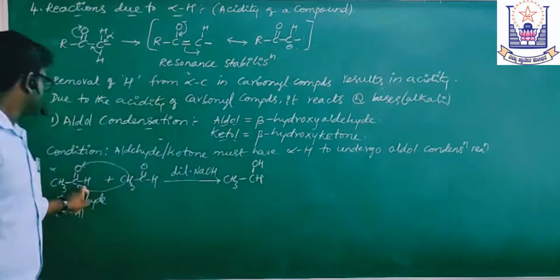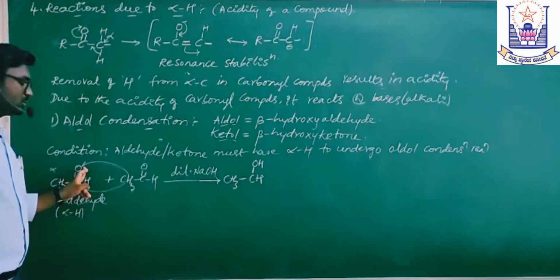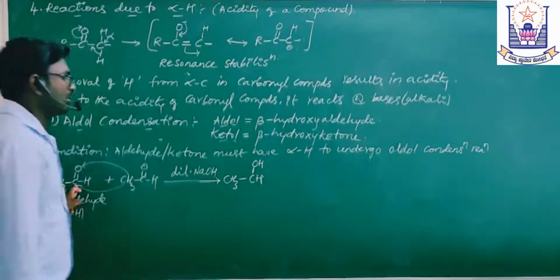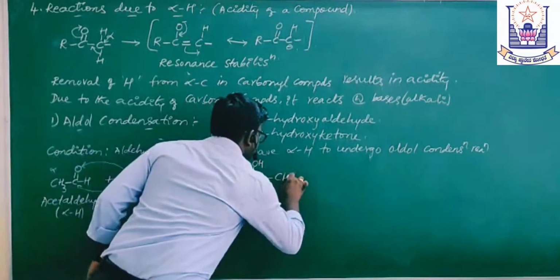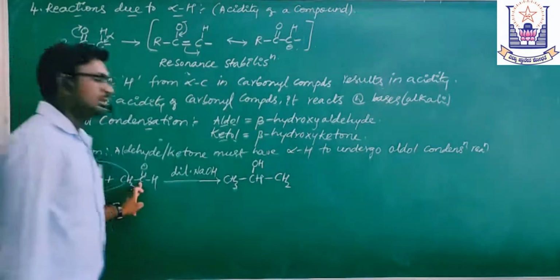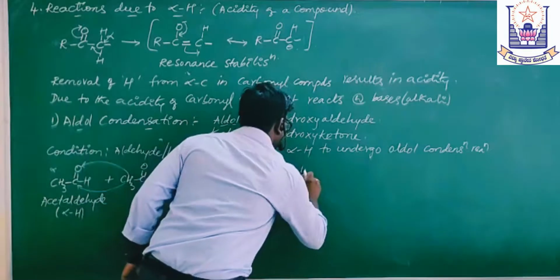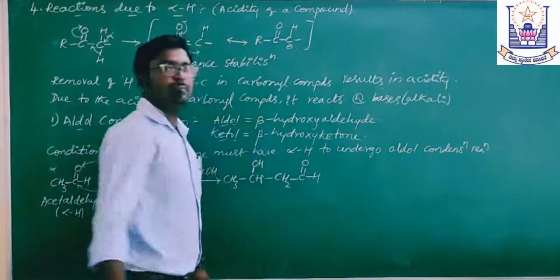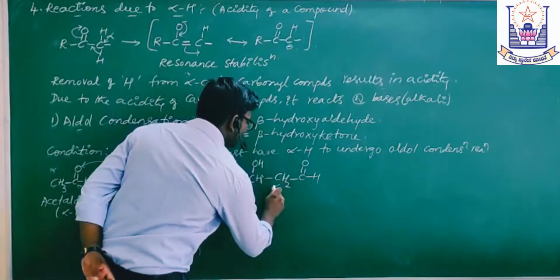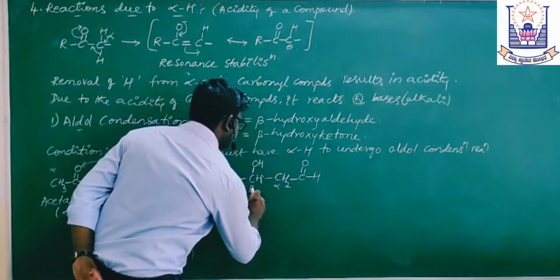That CH2 is attacking onto this carbon, CH2. What is left? Again that aldehyde part, C double bond OH. So now, with respect to this carbon, this is the alpha, this is the beta.